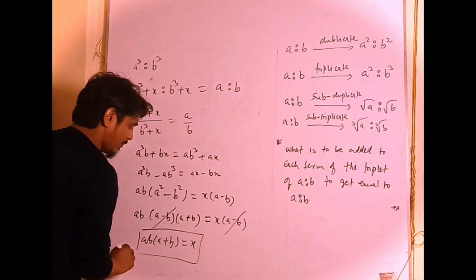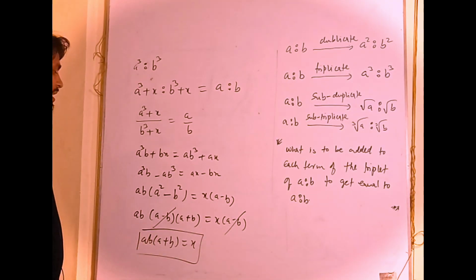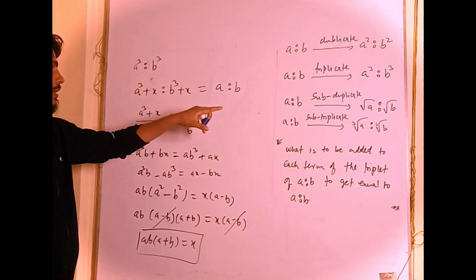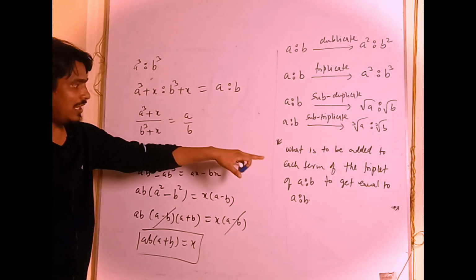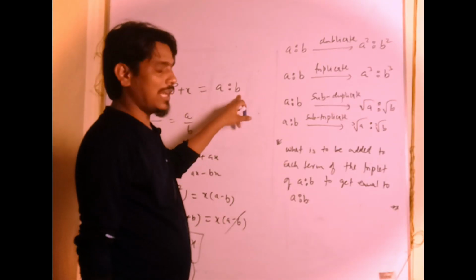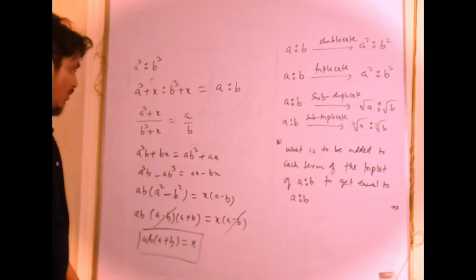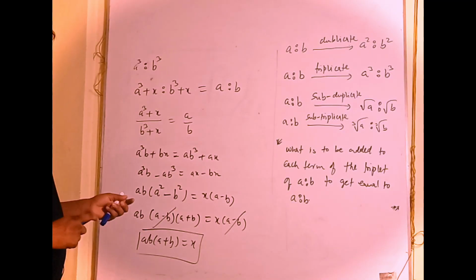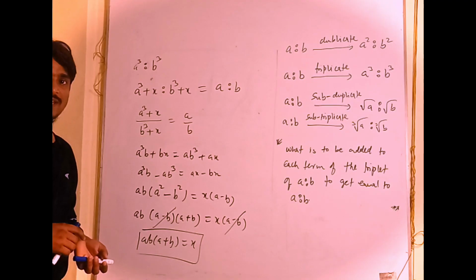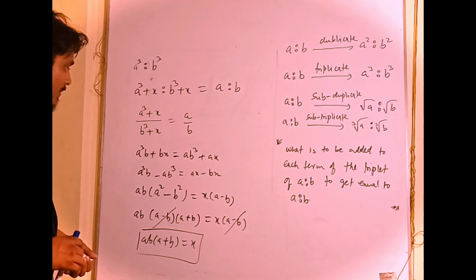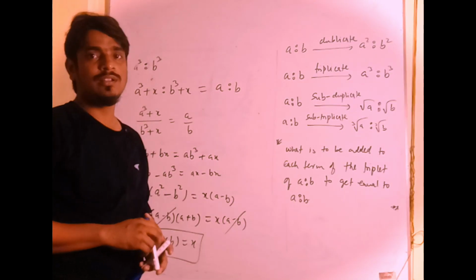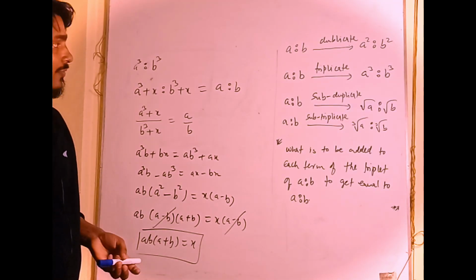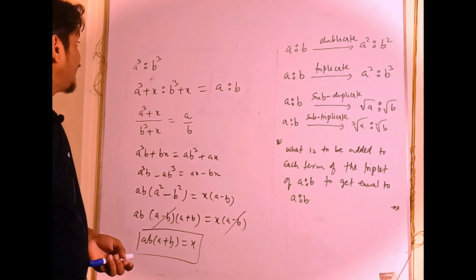So if we are adding this number AB times (A plus B) to each term of the triplicate of A is to B, we get back the result as A is to B. I hope it is clear. You just have to play with the simplification of algebraic expressions by using the identities. We'll deal with the identities in detail in the third or fourth lecture of this basic algebra series.